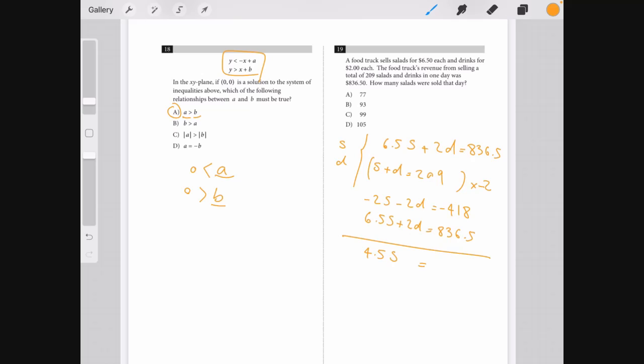That's 418.5. From here, s is going to be 418.5 divided by 4.5, which is 93 salads. So there we go, we found salads, 93.